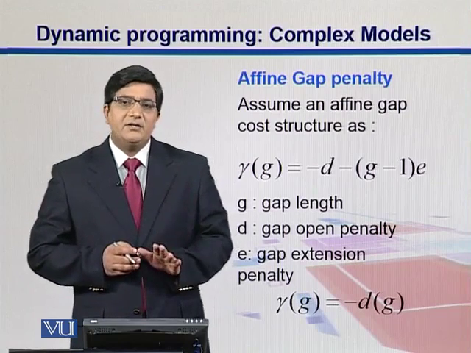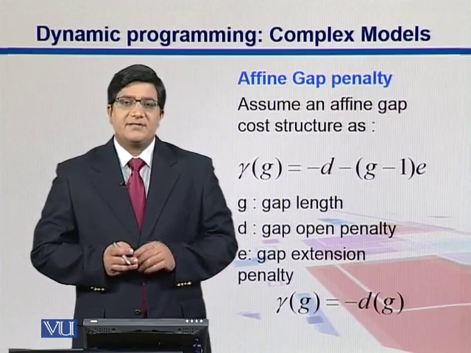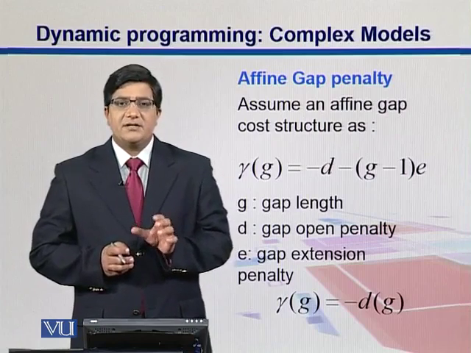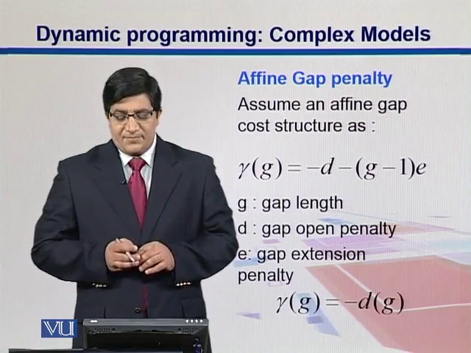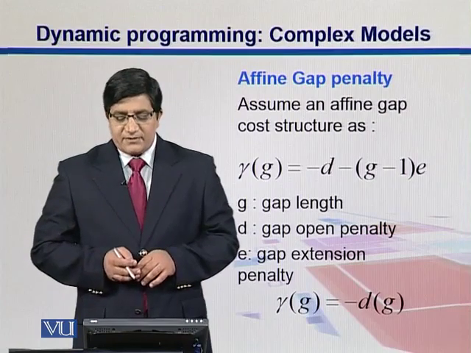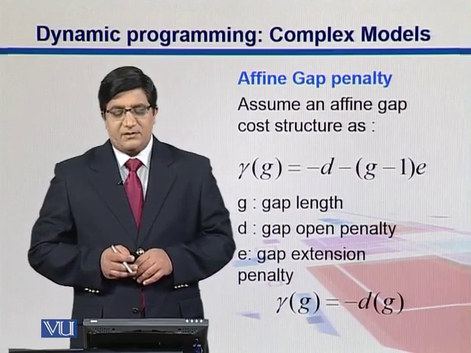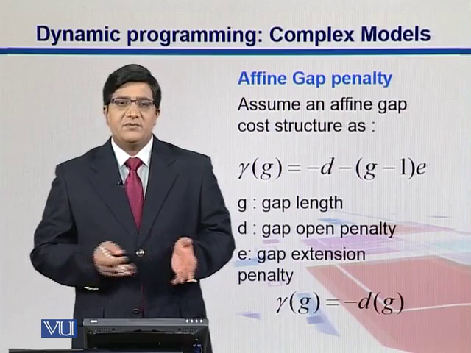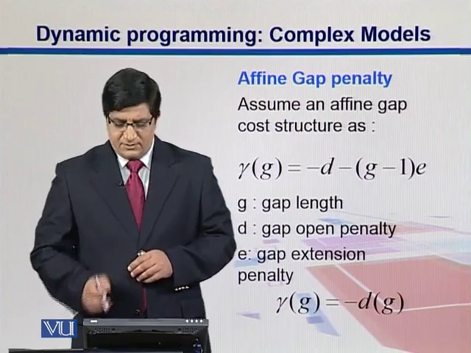But if the gap continues, as in this example, we see it as an extension penalty. Extension penalties are taken as smaller penalties, whereas in comparison to the previous situation, gamma g is simply the product of d with g. So the length of the gap simply multiplies with the penalty.